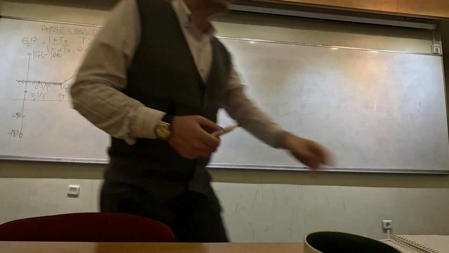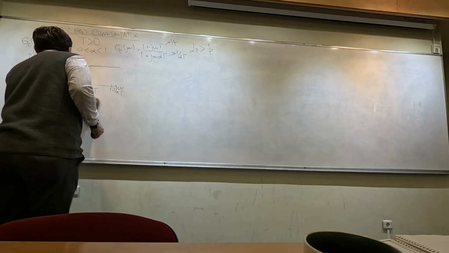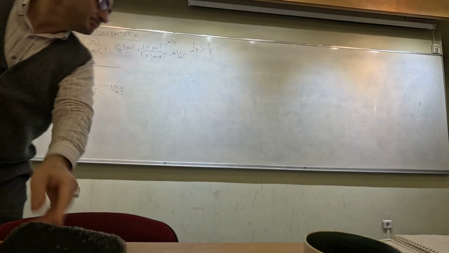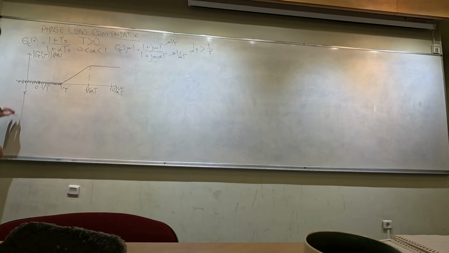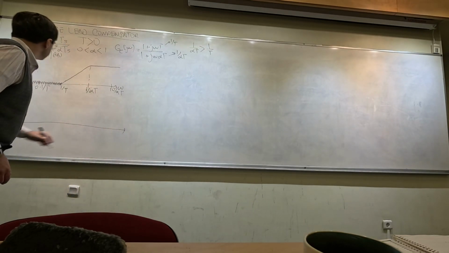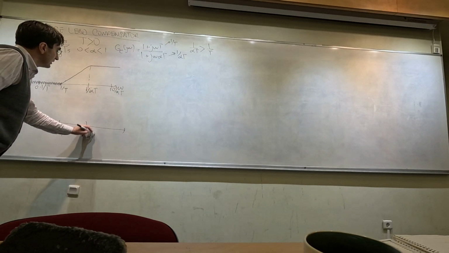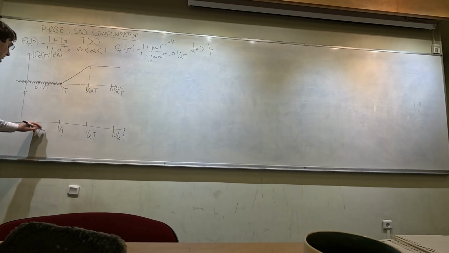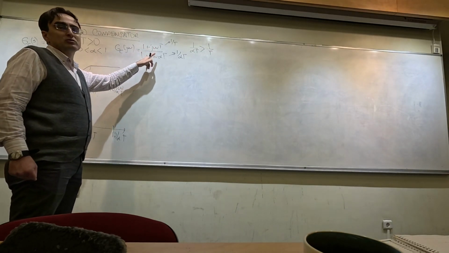Here I have drawn this in the wrong way, because the phase is always going to be positive, so maybe I should show it in the following manner. I have my corner frequencies here: 1 over T, 1 over alpha T, 10 over alpha T, and 0.1 over T. Phase is going to be equal to 0 if the frequency is much smaller than both of the corner frequencies.